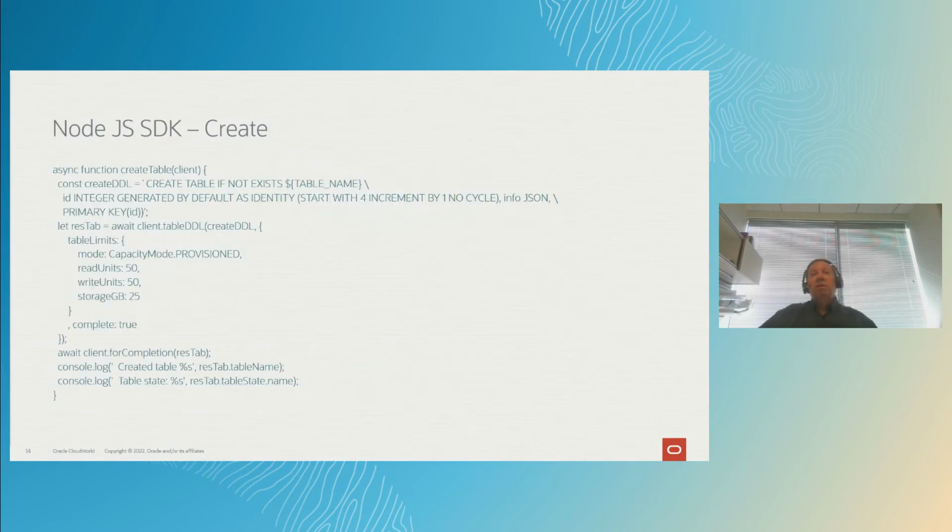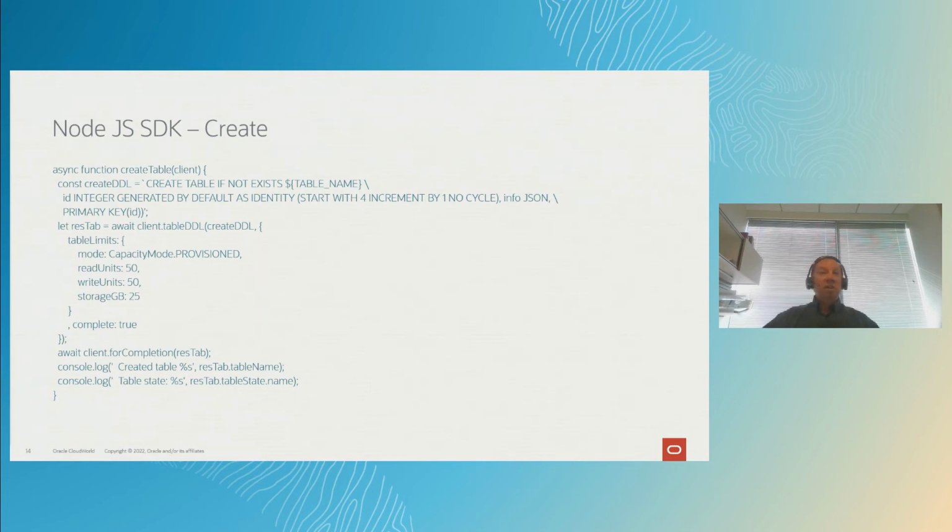So let's move over to some of our SDKs. Here's an example from our Node.js SDK. This is a sample function doing a create. On this table we define our create DDL statement, and then we go through the table DDL API where we specify the DDL that we're going to use.